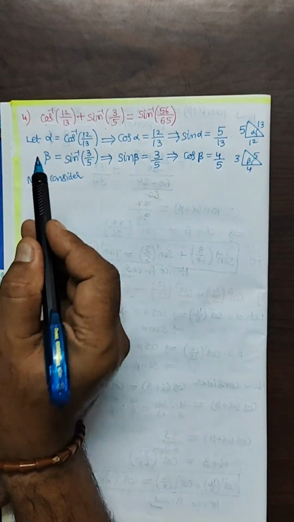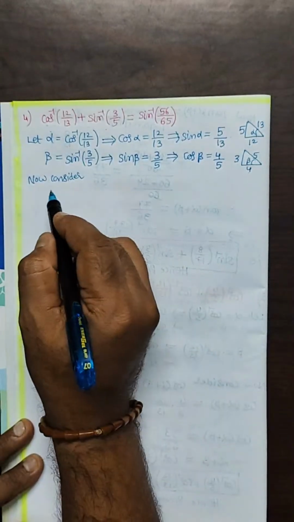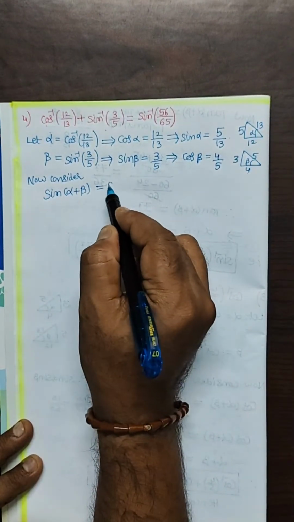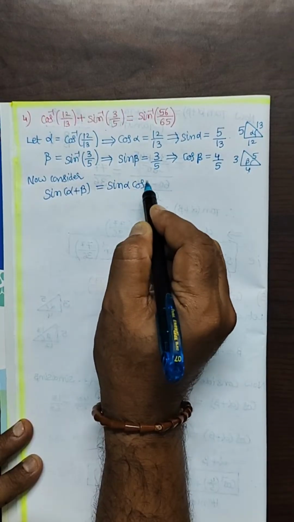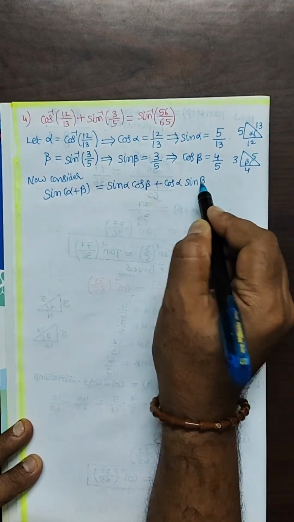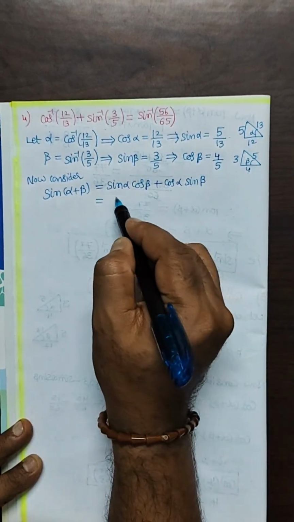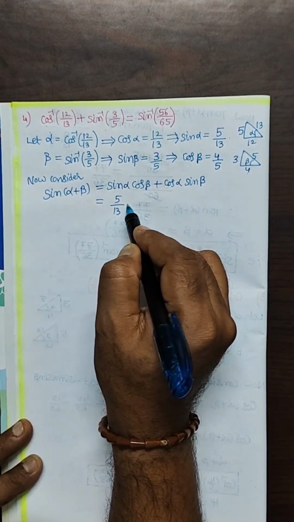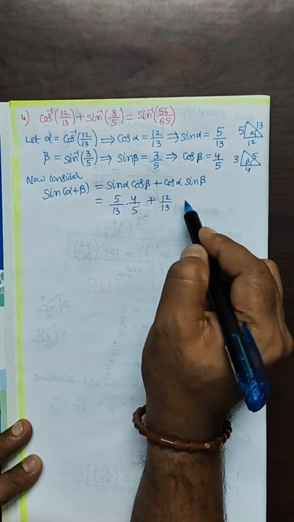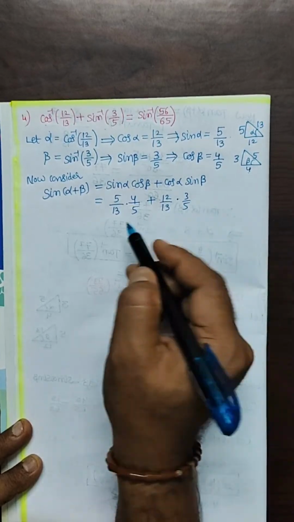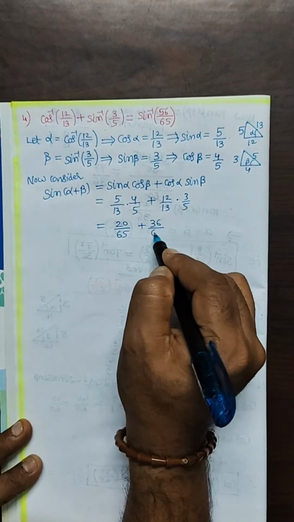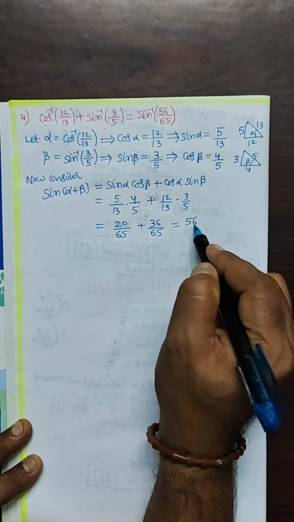Now consideration is based on the question, dear students. Consider sin of alpha plus beta. So sin of alpha plus beta formula, sin alpha cos beta plus cos alpha sin beta. Which is equal to sin alpha value 5 by 13 into cos beta value 4 by 5 plus cos alpha value 12 by 13 into sin beta value 3 by 5. So 20 by 65 plus 36 by 65, which is equal to 56 by 65.